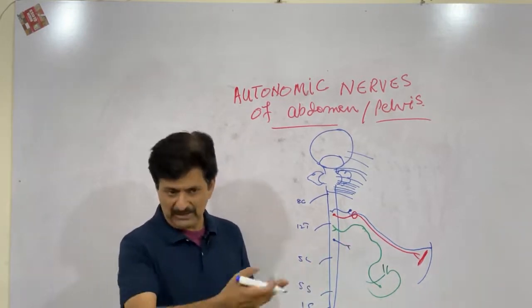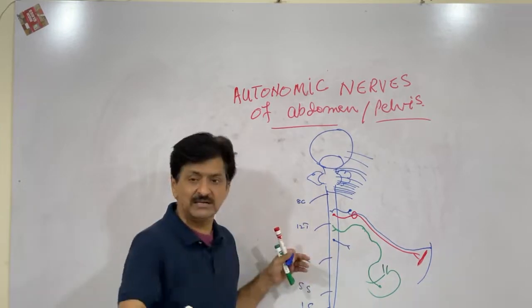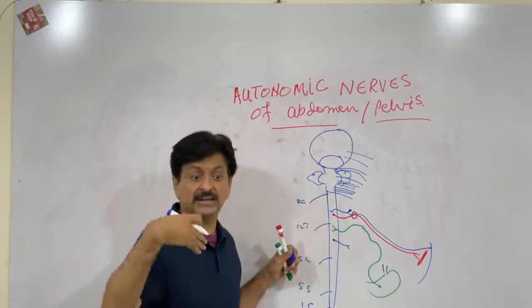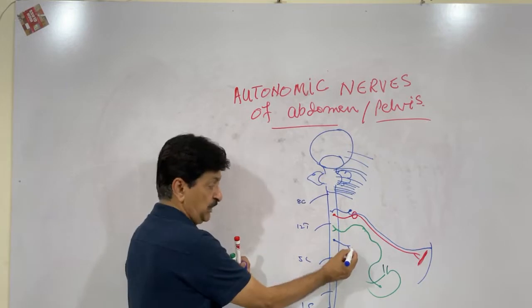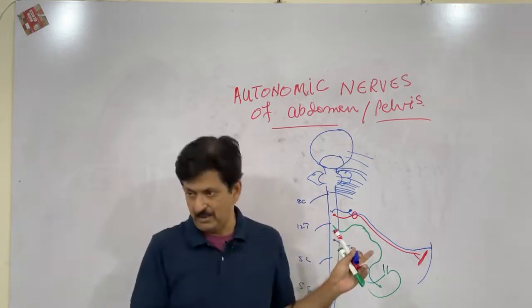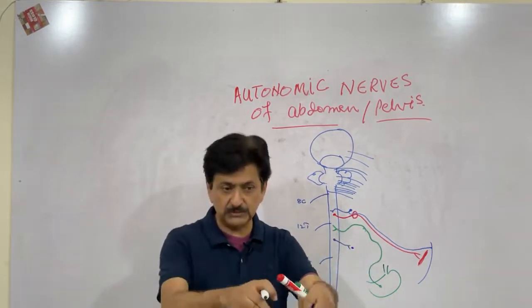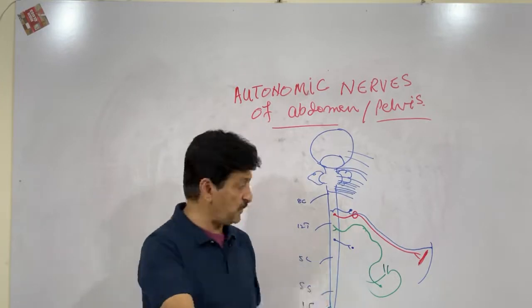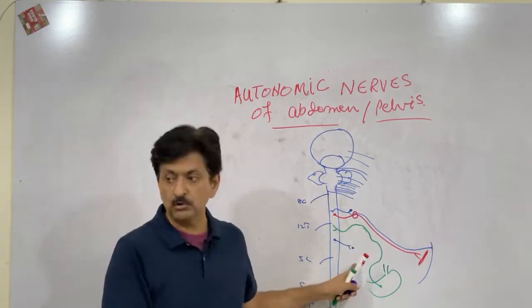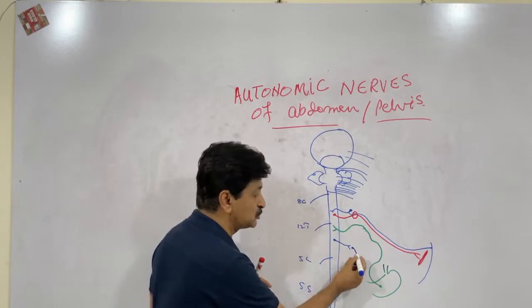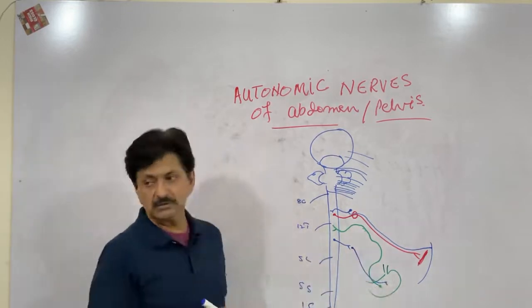I mean, it will hand over its signals or stimuli to the next order of neuron, which should be standing outside. And you will relay the neurotransmitter to it, and it will be the responsibility of the second neuron to carry the signals to the viscera.